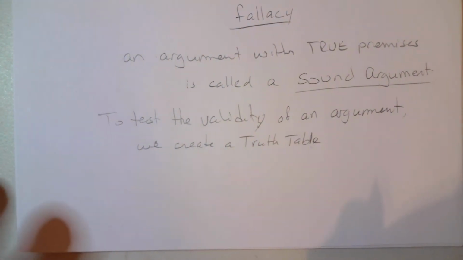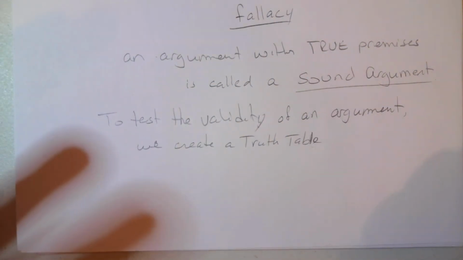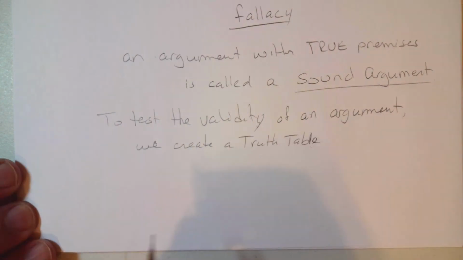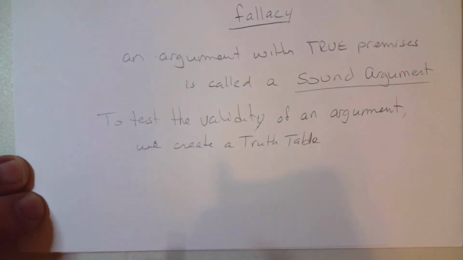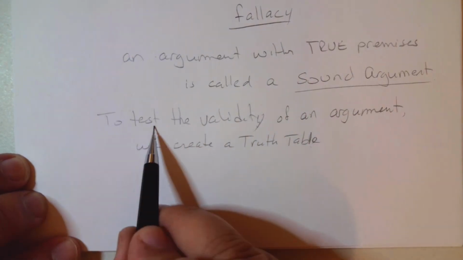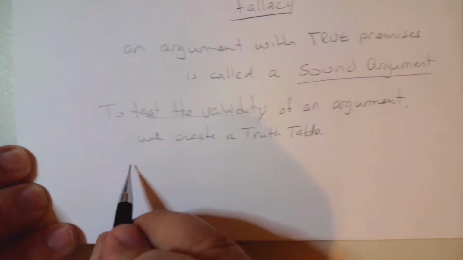But here's the important part. Remember, the argument is made up of premises and then comes to a conclusion. So it has to be in a conditional statement. To test the validity, we create a truth table. But what goes in the truth table?